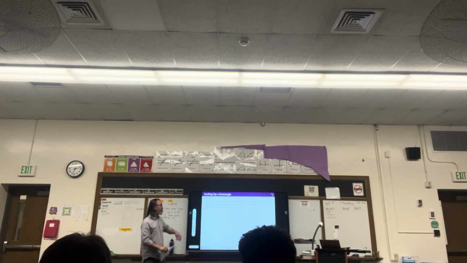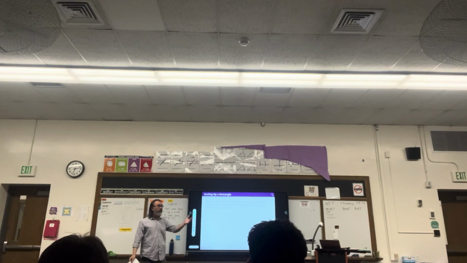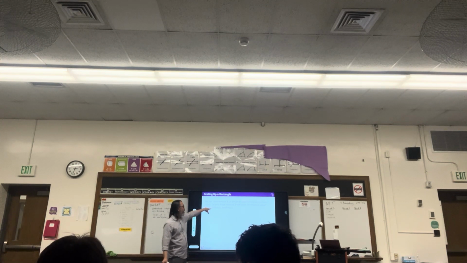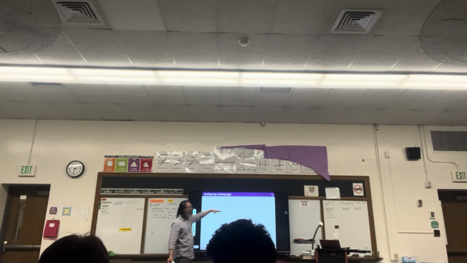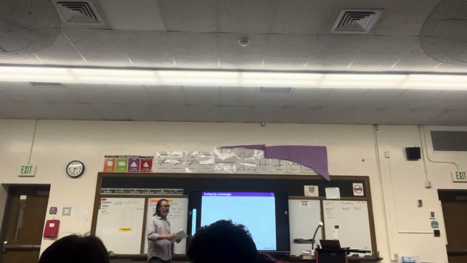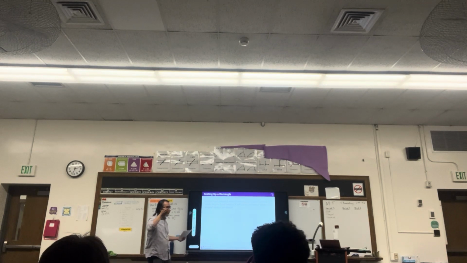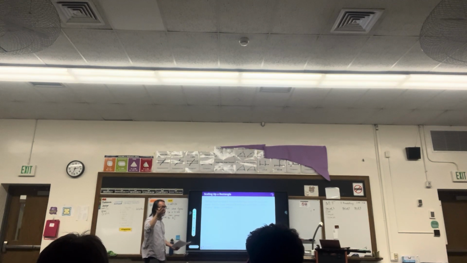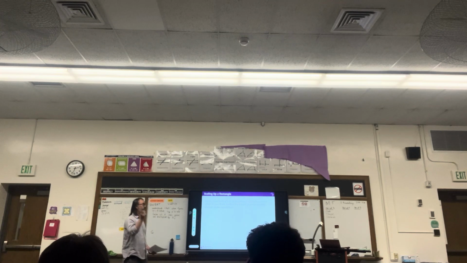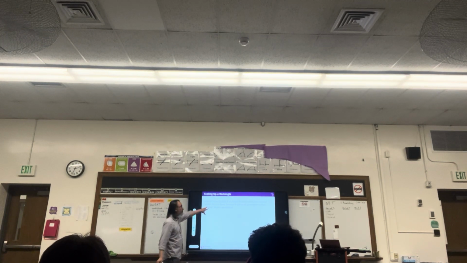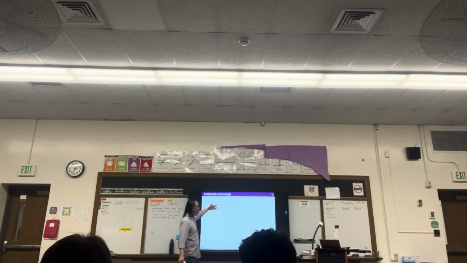Alright, here's a question. For method number 1 or method number 2, on circles, we can't use that, right? Because circles don't have lengths or widths. Okay? This is geometry. We're going to talk about all the shapes. We can't use method number 2 for circles because they don't have a length or width.